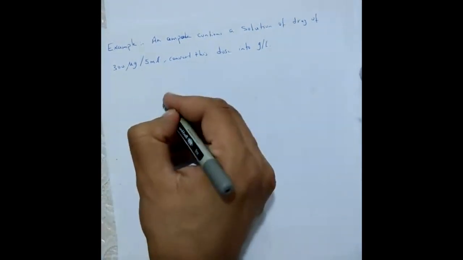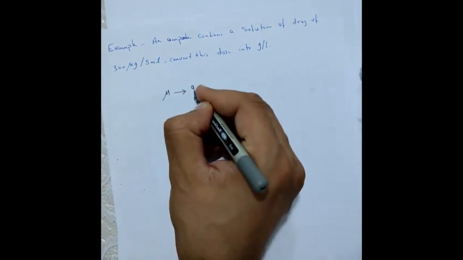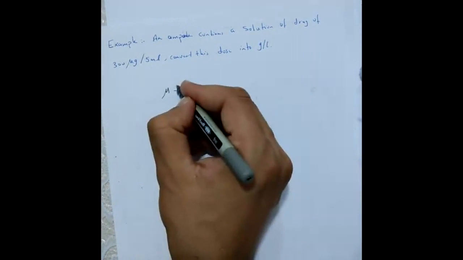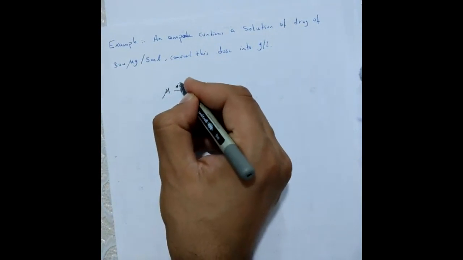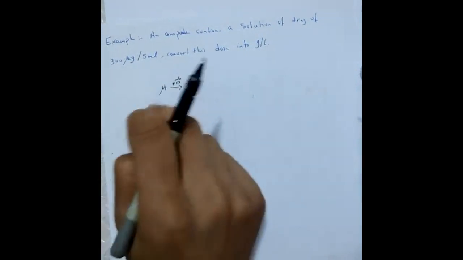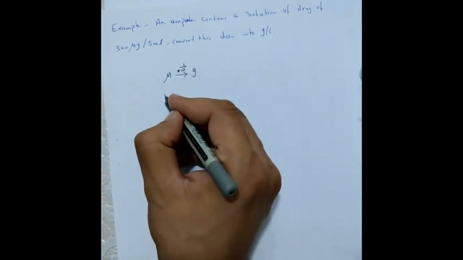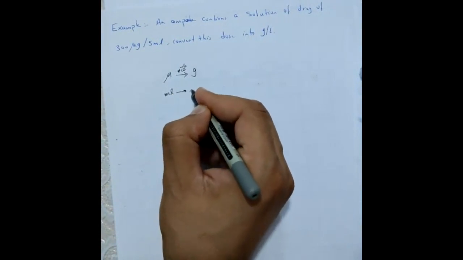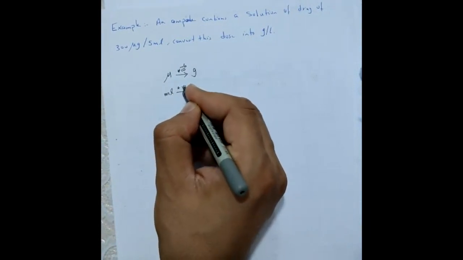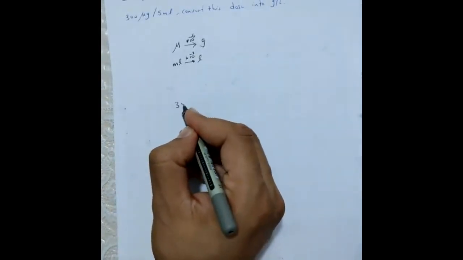We should know that micro, when it goes to gram, you should multiply it by 10 to the power minus 6. You have it as a table in your notes. Okay? And milliliter, if you want to transfer to liter, you should multiply by 10 to the power minus 3.